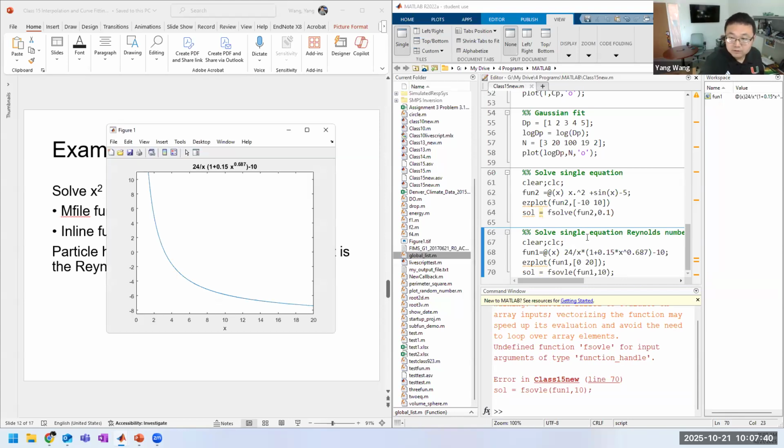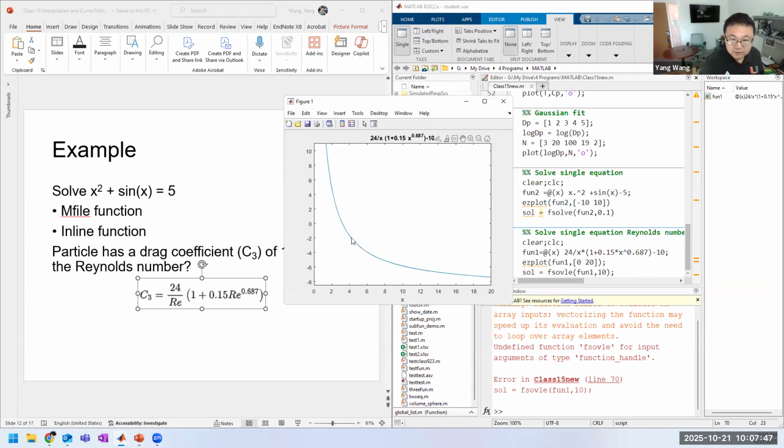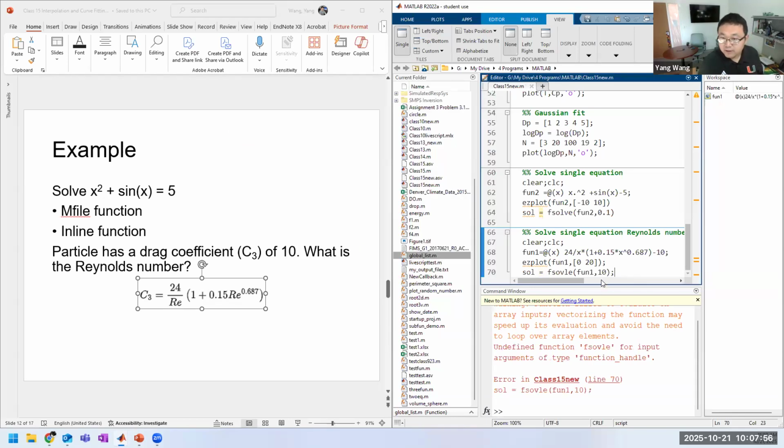Oh, let's see. All right. So then you see that this is how the function looks like. It actually goes across 0 here, right? So we can basically guess that the Reynolds number is going to be close to this value. So then we can give it an initial guess, right?